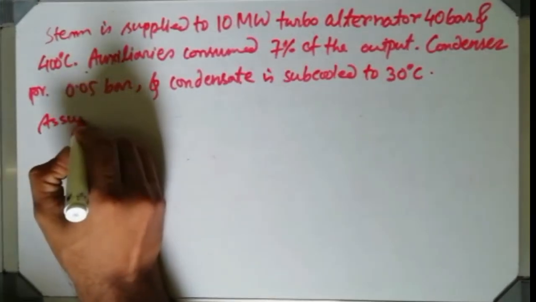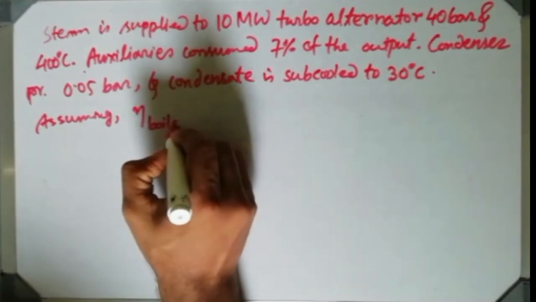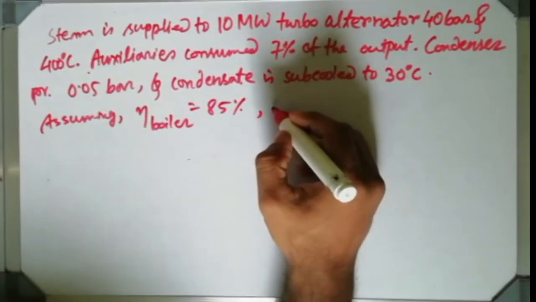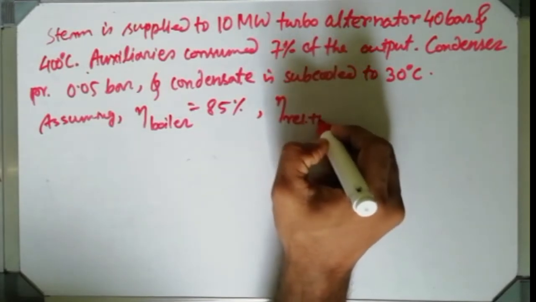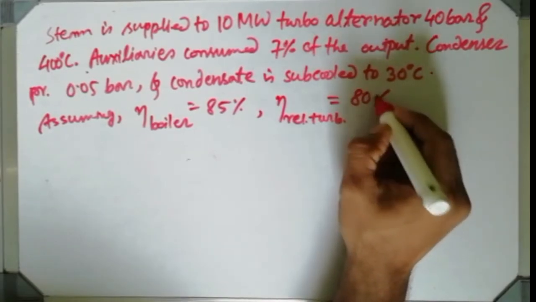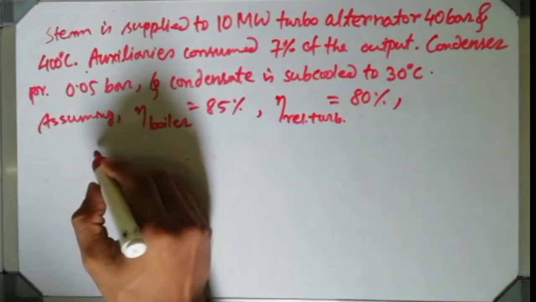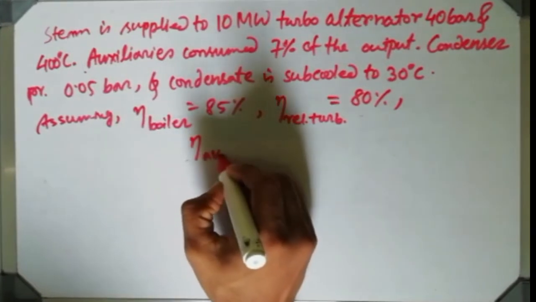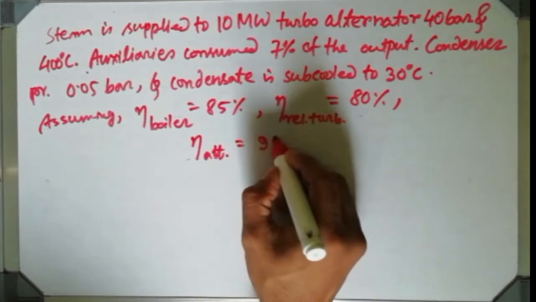Assuming eta boiler, these data are given. Eta boiler 85%. Relative efficiency of turbine, I am writing in short, eta relative turbine, is given as 80%. And mechanical efficiency of alternator, the alternator being nothing but the generator, so eta alt, is given as 95%.